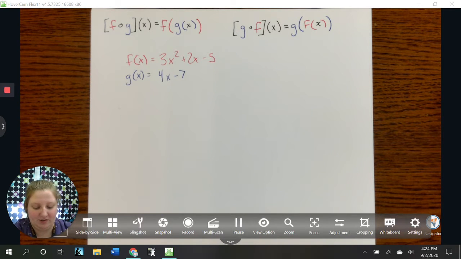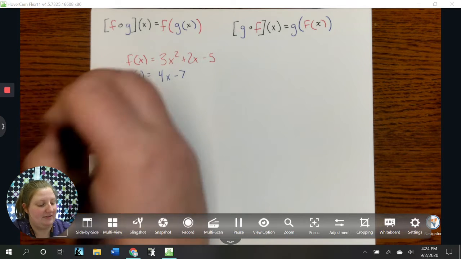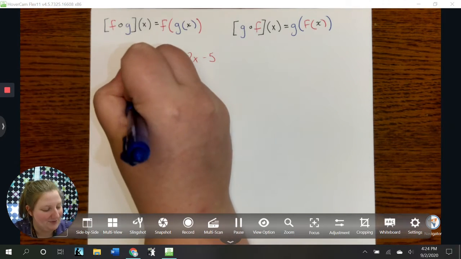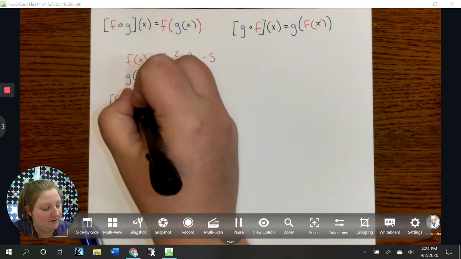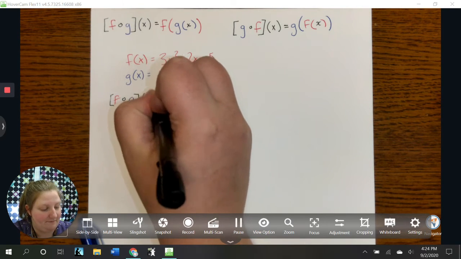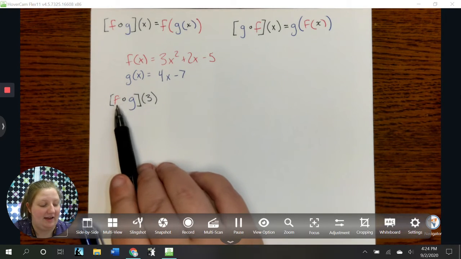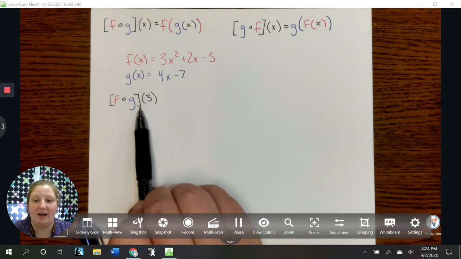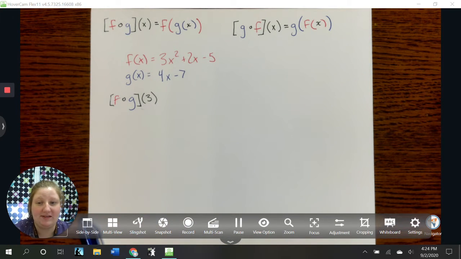And what we're going to do is first find f composed with g of 3. Okay, we're going to find f composed with g of 3, or f of g of 3. Okay, two ways of saying the same thing.